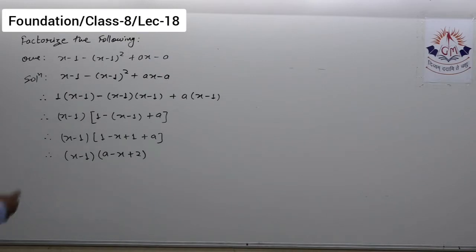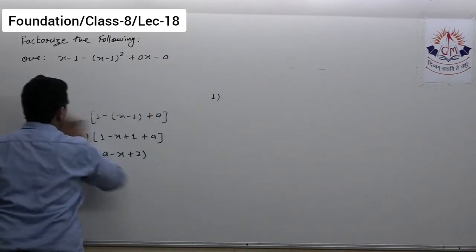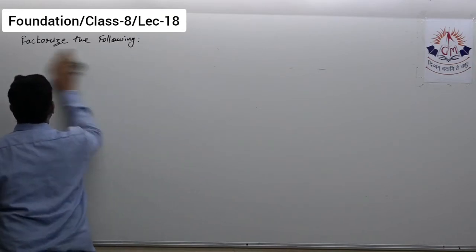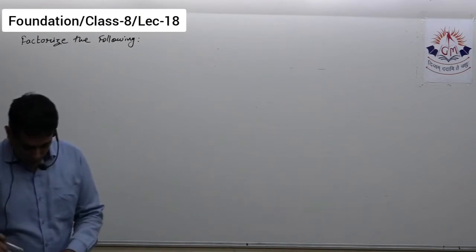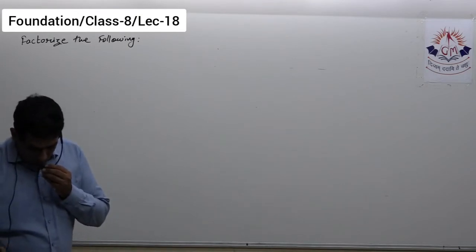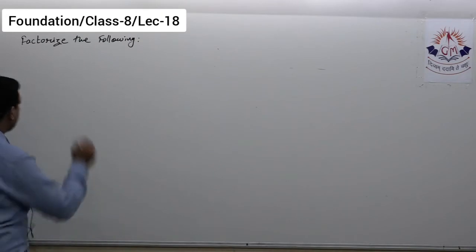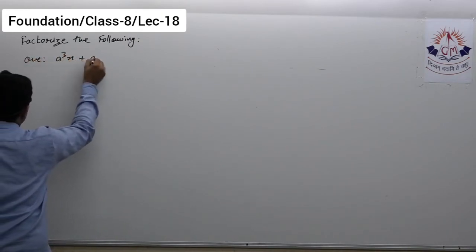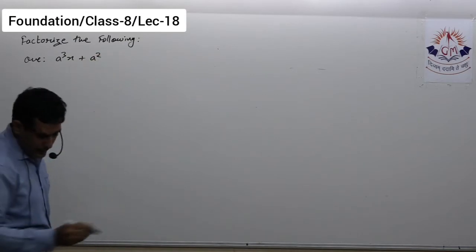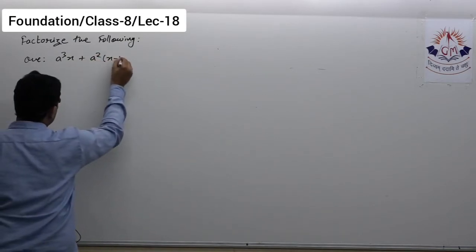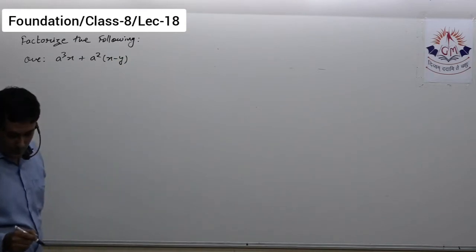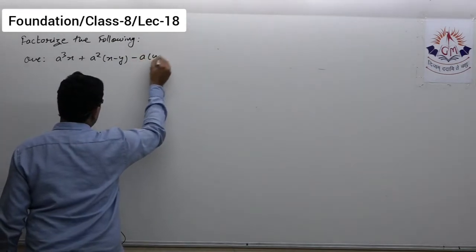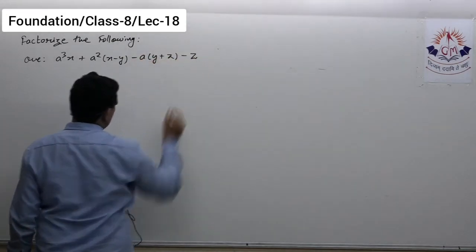Okay, now let us see the next question. The next question is a cube x plus a square (x minus y) minus ay plus z minus z.